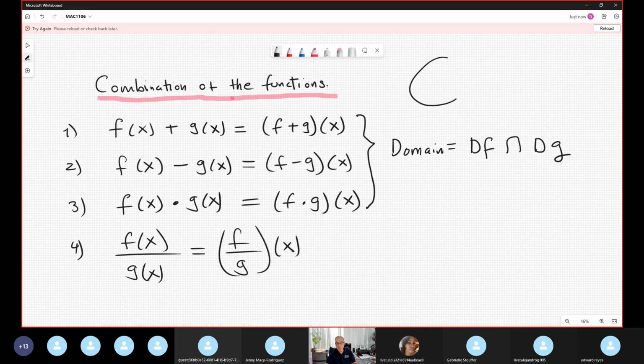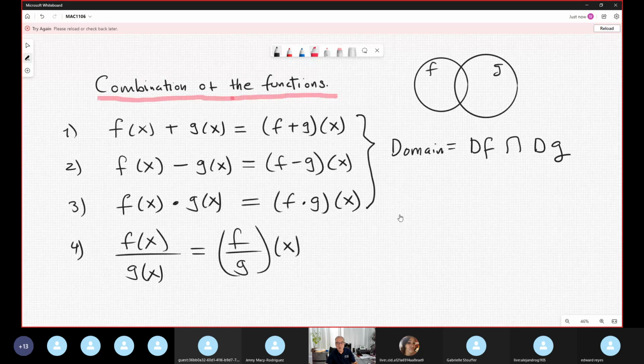Suppose that this is the domain of f, and this is the domain of g. This is f, this is g. However, the domain of the combination is this one, the intersection. Because suppose that in this point f is defined. Suppose in this point g is defined, but both are defined here in the intersection.